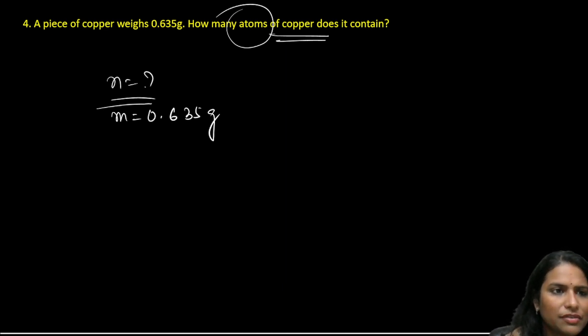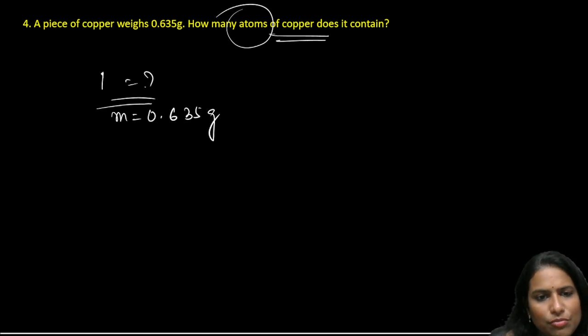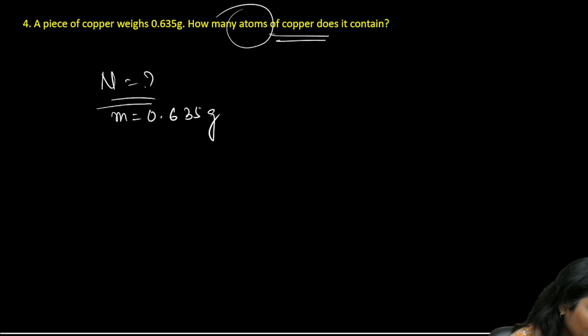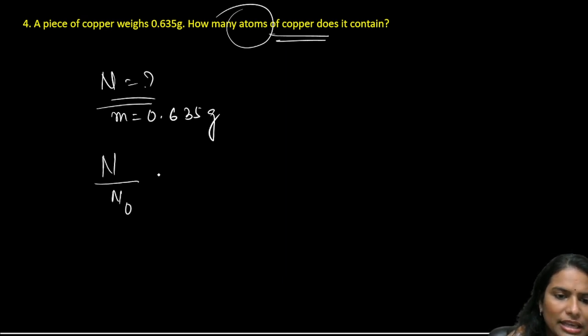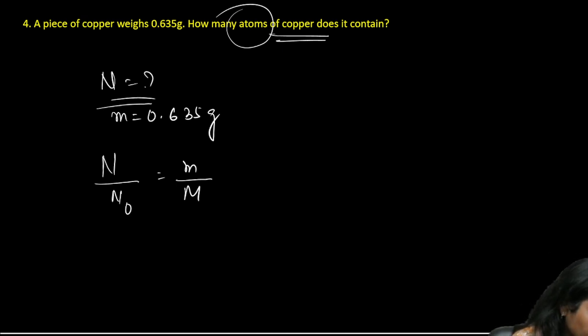Number we will represent by capital N, small n represents the mole. It is very important to remember the notations, otherwise you get confused. So capital N you need to find out, and mass is given to you. We have the relationship of both, so which formula can we use here? Capital N upon N0 equals small m upon capital M. Can we use this? Yes.